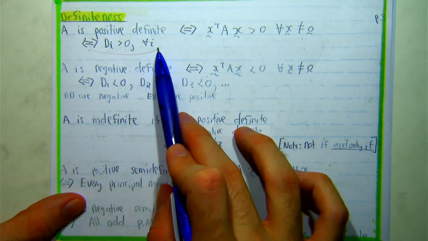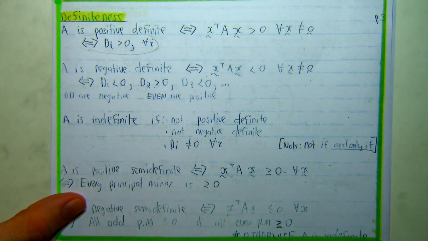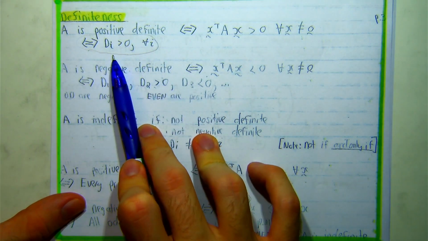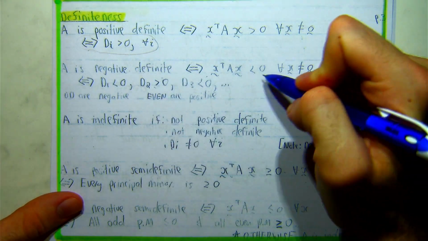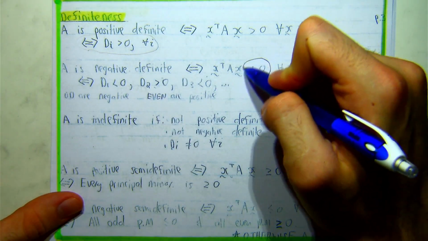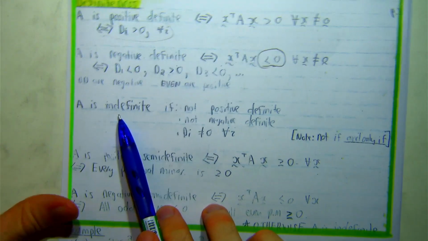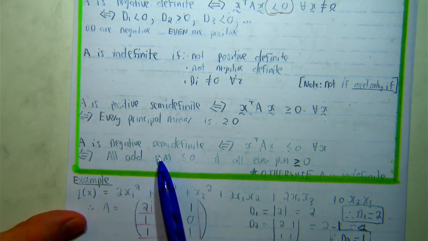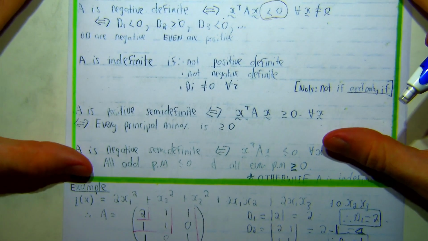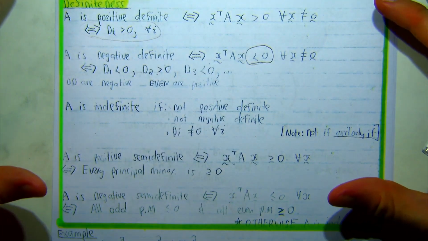And we know the matrix is positive definite if the leading principal minors are all greater than 0. And there's another one for being negative definite, which means that it's less than 0. And then there's indefinite, which means it's neither. And then there's semi-definite, negative semi-definite, etc. And I'll talk more about that in a second.